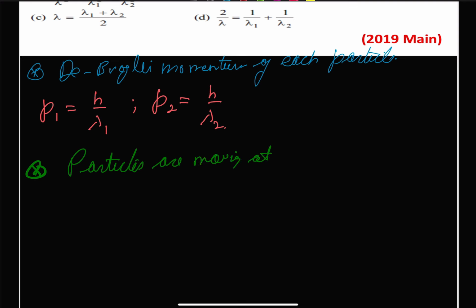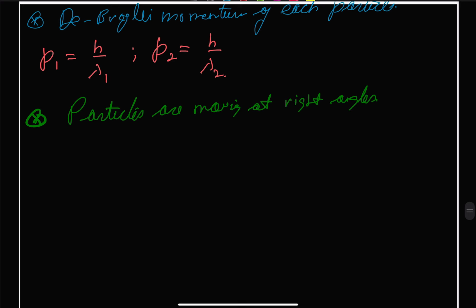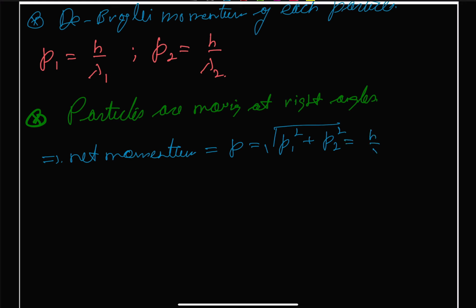Therefore we can say net momentum, let us call this P, will be equal to the square root of P1 square plus P2 square, which comes as h upon lambda 1 whole square plus h upon lambda 2 whole square.